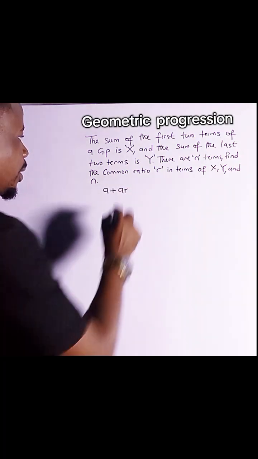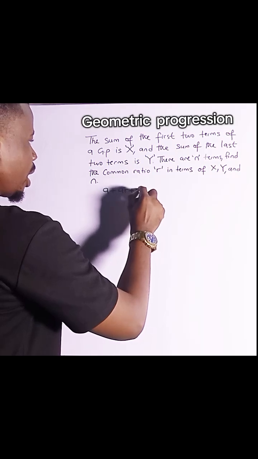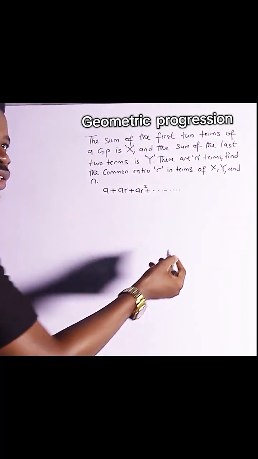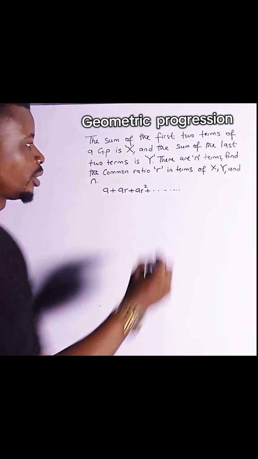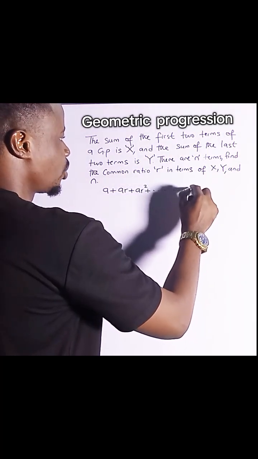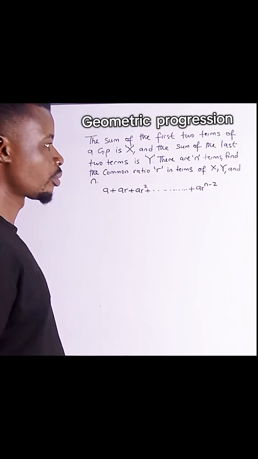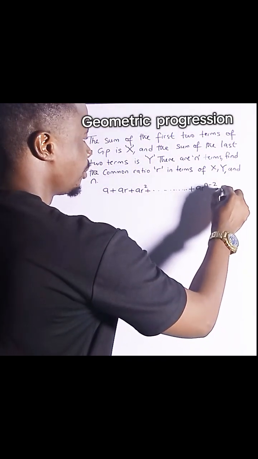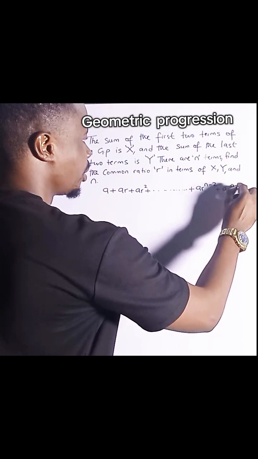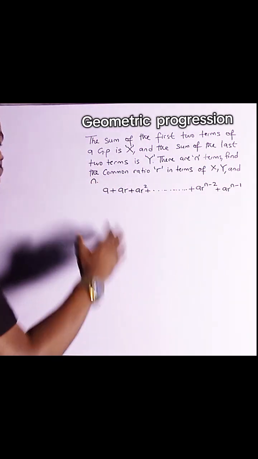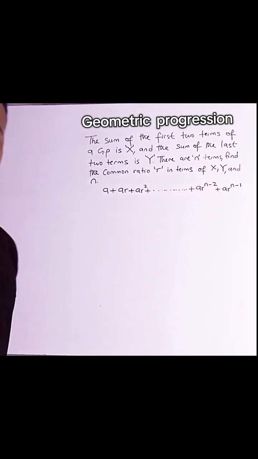AR, plus the third term AR squared, plus, and that continues, plus AR cubed, plus AR raised to the power 4, down to the second to the last term, AR^(n-2), then plus the last term, AR^(n-1). So this is the series of a GP. Series is gotten by what? Adding each element or numbers in the sequence of a GP.